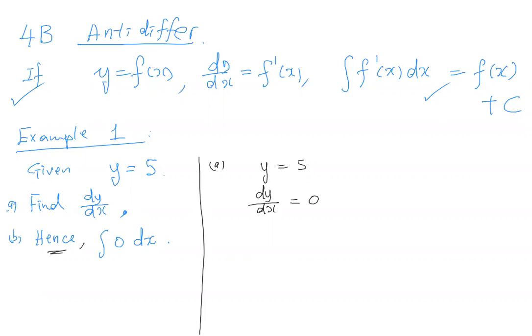Hence means you use whatever you have in front. That is B. So if I integrate 0 dx, I will get back the function, am I right? So I get 5. This is a constant, am I right?